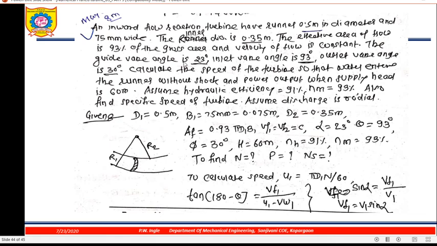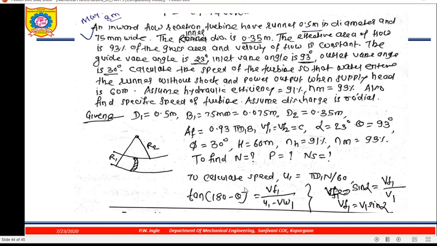The guide vane angle is 23 degree and inlet vane angle is 93, so it is more than 90. Outlet vane angle is 30. Calculate speed of turbine so that water enters the runner without shock, and power output, where hydraulic efficiency is 91%, mechanical efficiency is 93%, and find the specific speed.